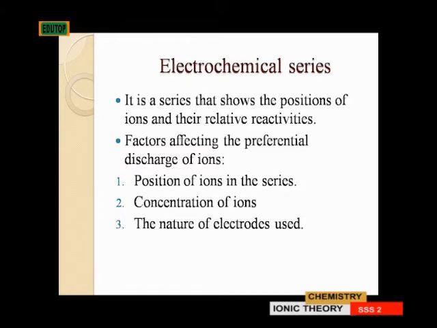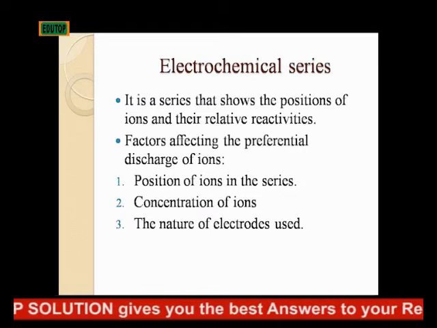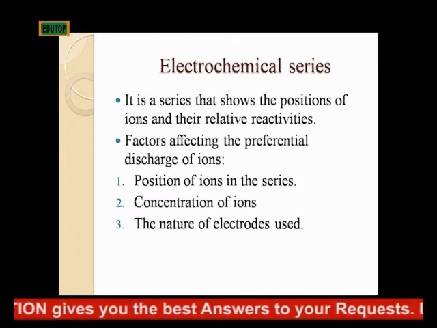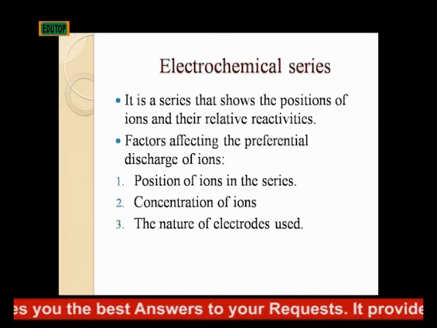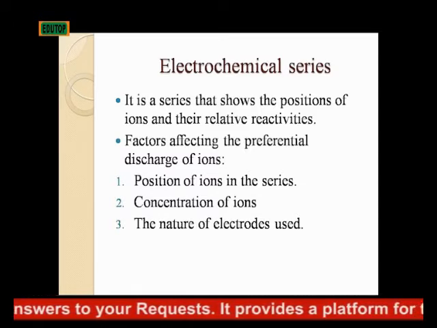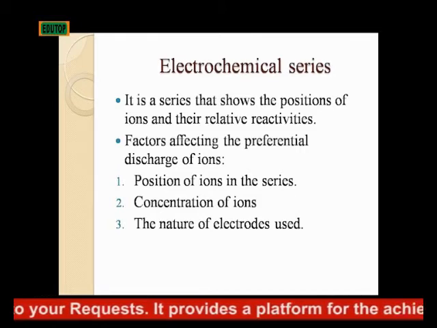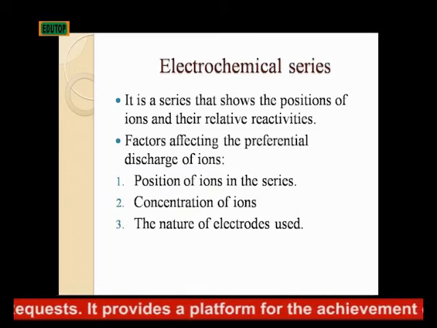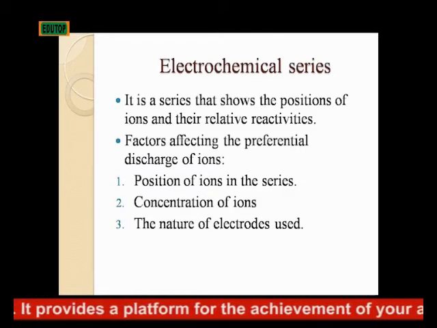Factors affecting the preferential discharge of ions. Ions are preferentially discharged. There are some factors that are responsible for this concept. The first one is the position of ion in the series. The position of ion determines the conductivity of that ion, and it determines the reactivity of that ion.